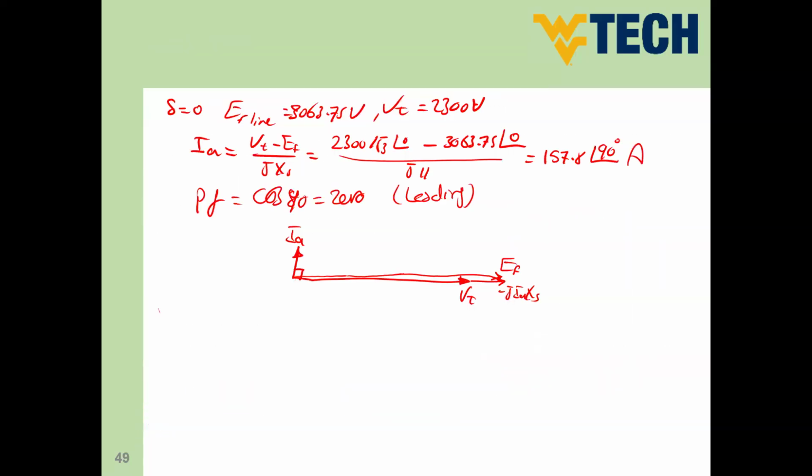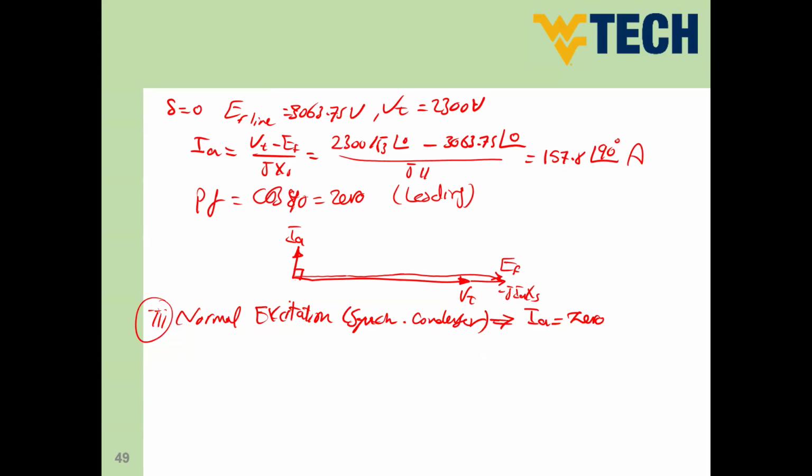In case of normal excitation of a synchronous condenser, the IA is 0, because you don't have any losses, you don't have any power.